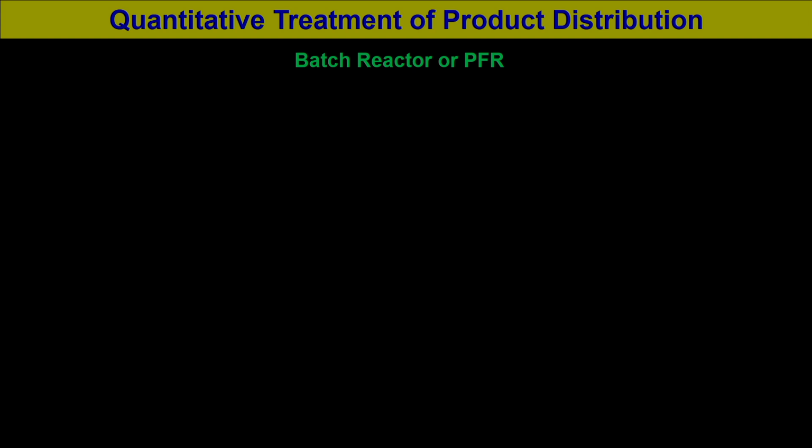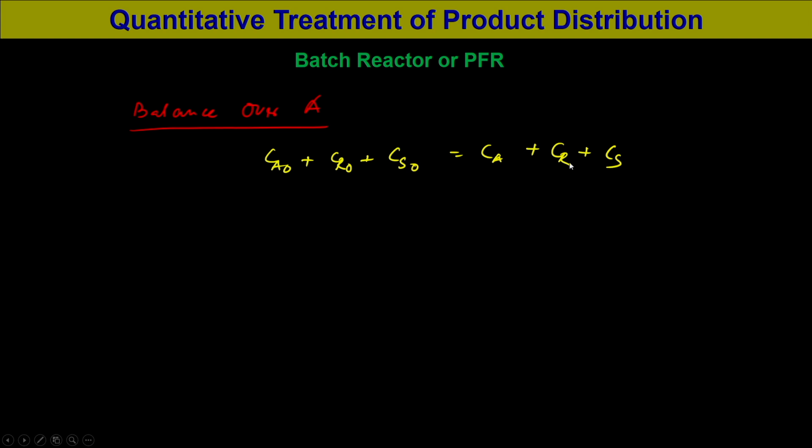So, if we do the component balance over A, we can get Ca naught plus Cr naught plus Cs naught is equal to Ca plus Cr plus Cs.